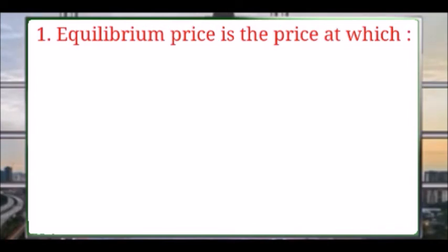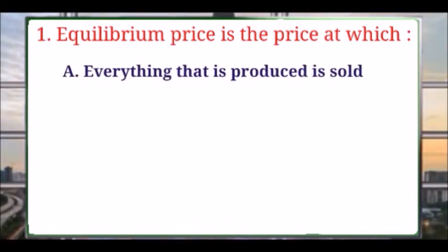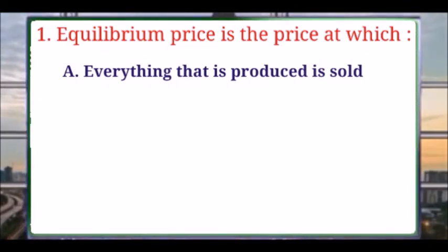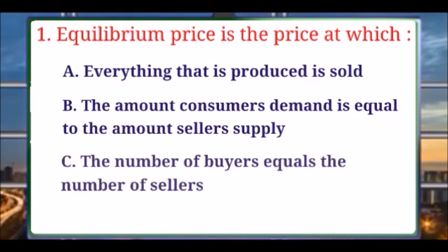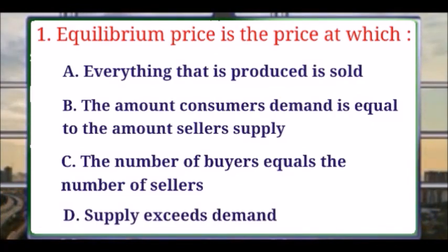Equilibrium price is the price at which: option A, everything that is produced is sold; option B, the amount consumers demand is equal to the amount sellers supply; option C, the number of buyers is equal to the number of sellers; option D, supply exceeds demand.